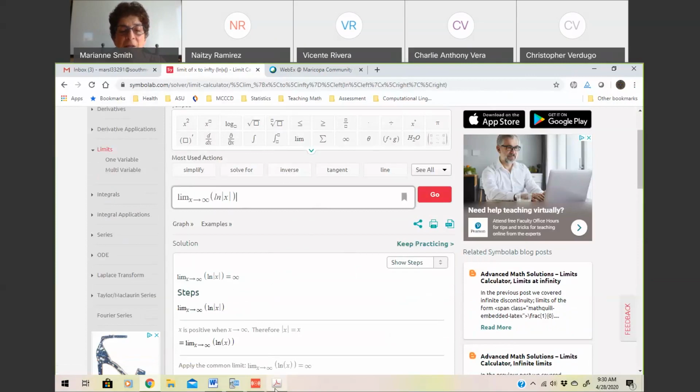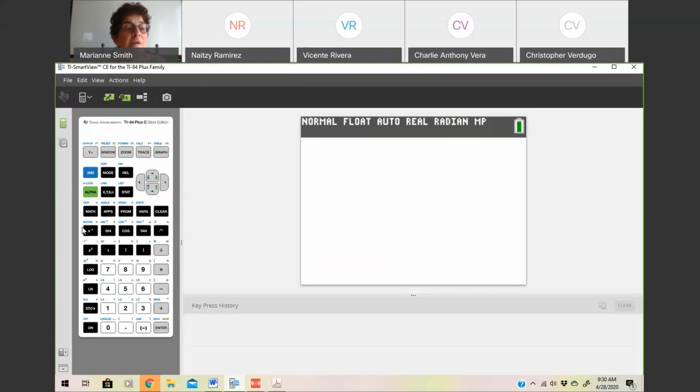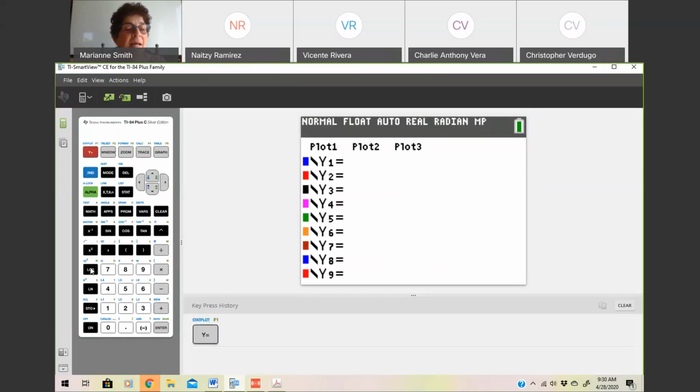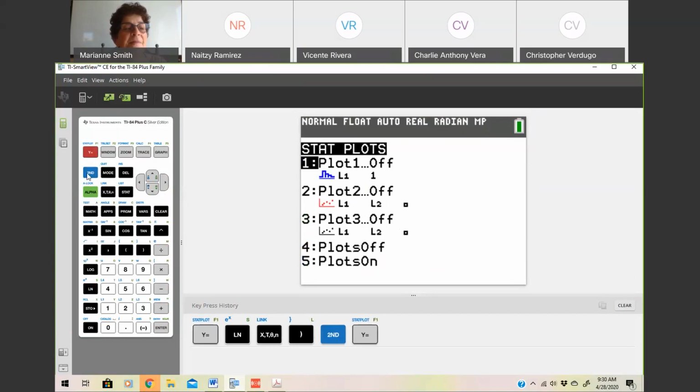Another way you might check this is just with your calculator. You might say, I'm going to put ln x up here, and I'm just going to use positive values. Let me make sure that my table is set up. I didn't want stat plots, I wanted a table set.